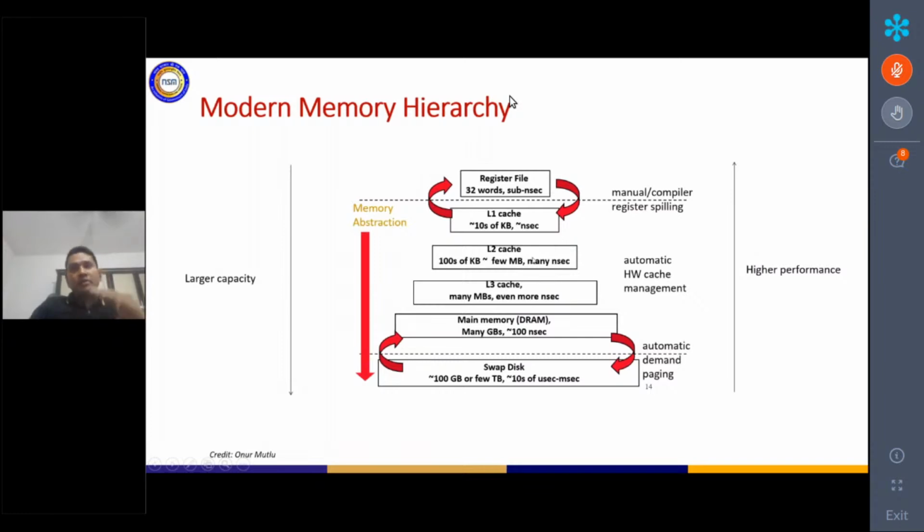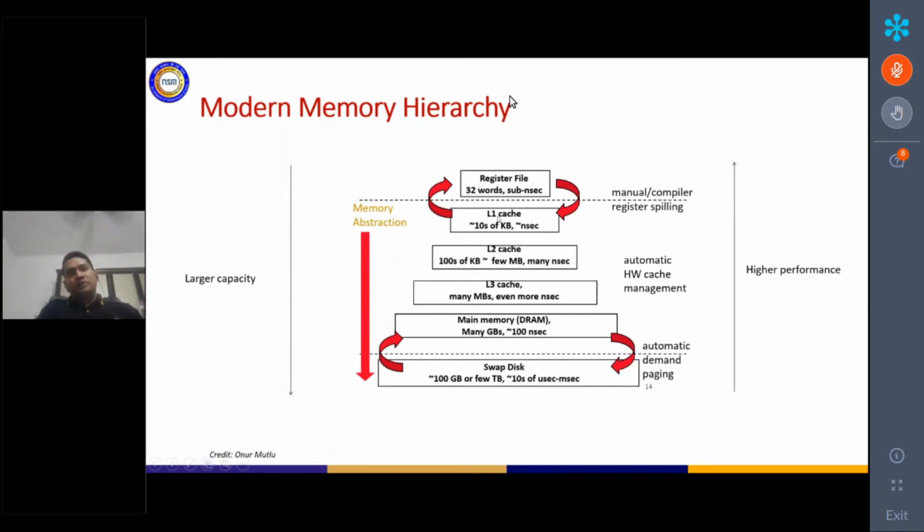So the lower level you go, the access time performance will increase. That means you will get access in less time. And if you go to the upper level, the performance will degrade. And also, you can see that it can house larger size. Now, why is this important?